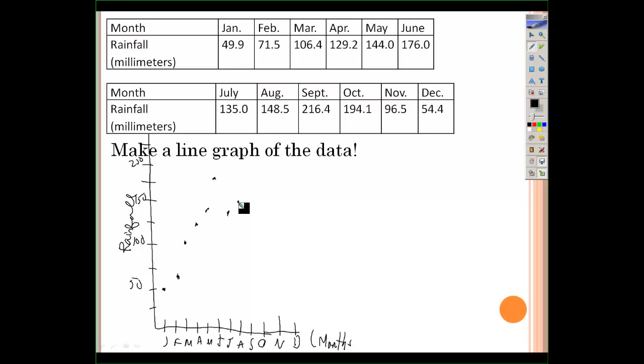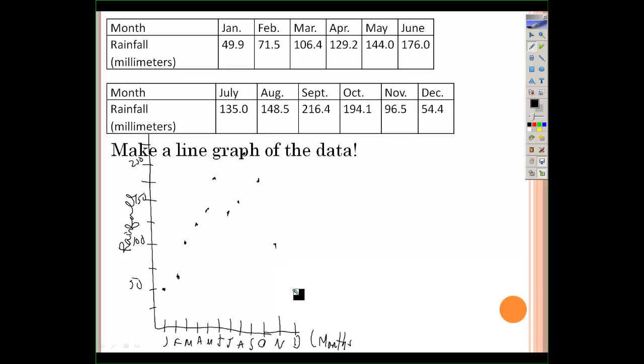And then September 216, I'm going to find 216 on here. It's way up here, right in the middle of the P there. October is 194. Pretty high up there too. November 96.5. We're going to go right about that guy. And then December 54.4. I'm looking at 50 and I'm going a little higher than the 50.